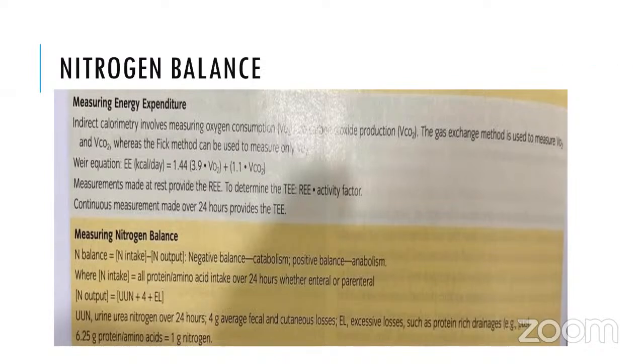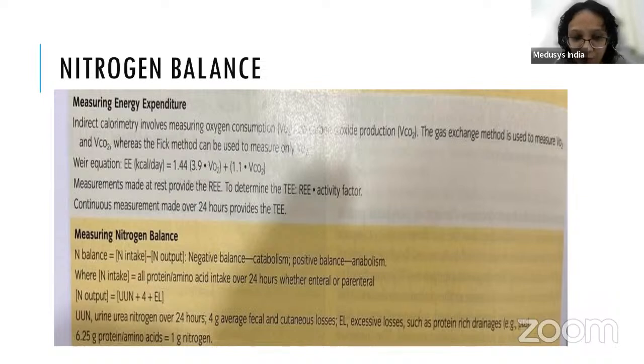There are some minute things which we should not pay more attention to: in output we actually calculate only urea nitrogen, but they have added some factors, because sometimes there is pus, there are some drains, and some things which excrete nitrogen apart from urea. So they have tried to include this also. This is the nitrogen balance equation.